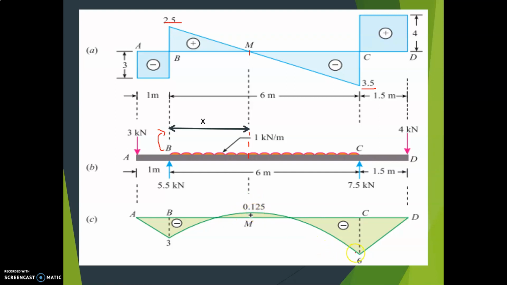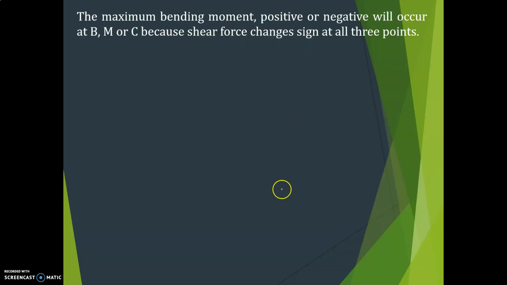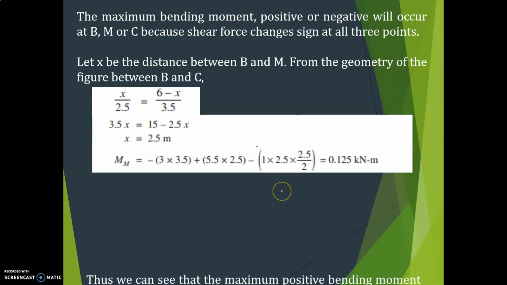Now you can draw the diagram here. This is positive, so this curve has to go above the line like this. Then it again decreases to minus 3. This is a full UDL, therefore this portion is parabolic in shape.